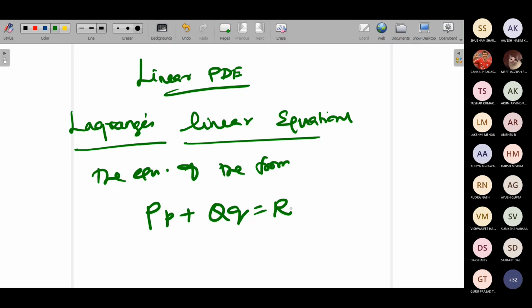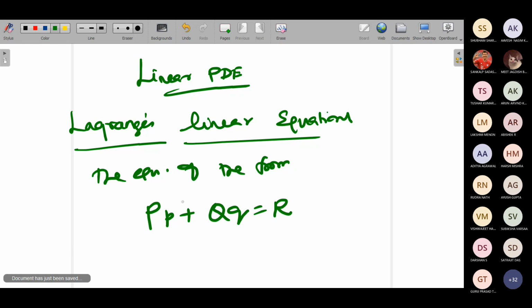Do you know what small p and small q are? Small p is dou z by dou x and small q is dou z by dou y. Capital P, capital Q and capital R are functions of x, y and z.